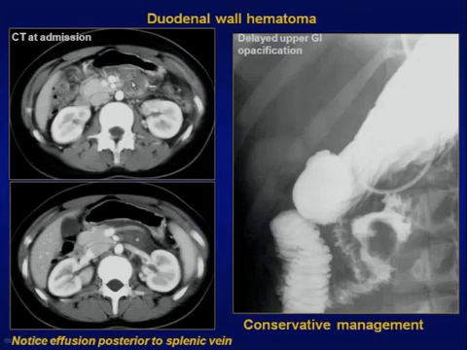In fact, the upper GI series shows several days later that you have a hematoma, and all hematomas in the duodenum are treated conservatively. So it's very important to make the difference between perforation and hematoma. There is no gas bubble, there is no intraperitoneal effusion. You have a little bit of retroperitoneal effusion. That's not so important here, and conservative management was applied, and you didn't need any oral contrast or opacification.